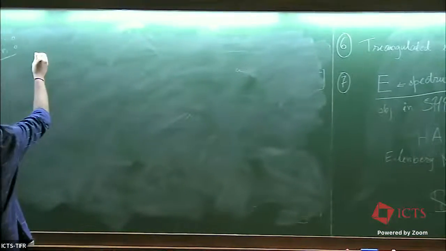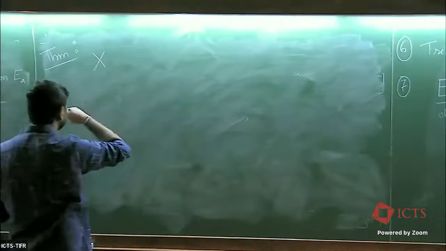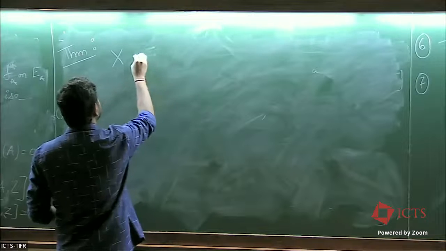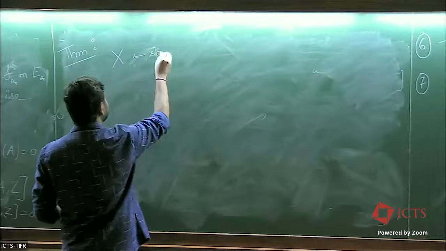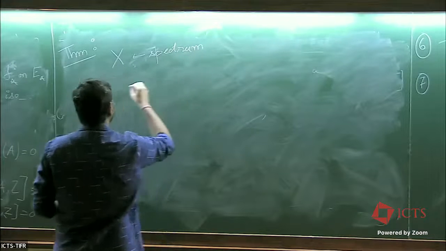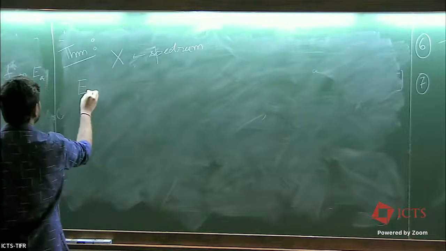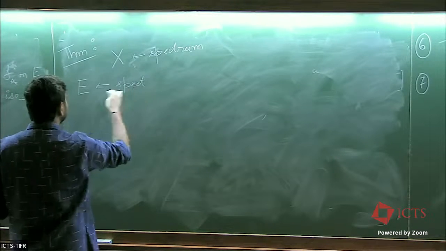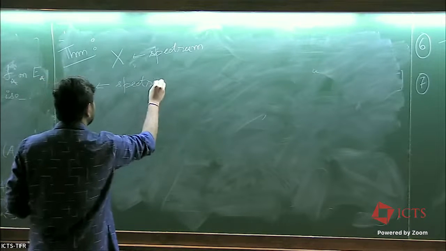So if I take X, a spectrum, an object in the stable homotopy category, and E, this is going to give us the homology theory.